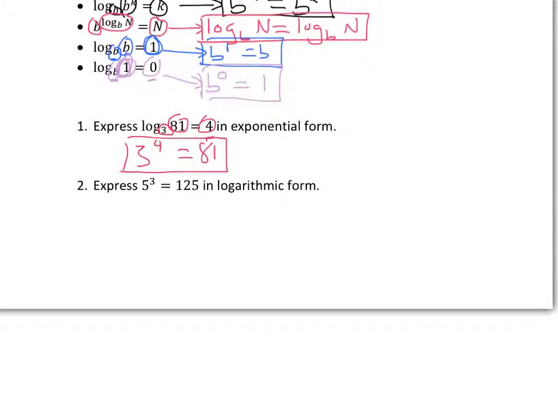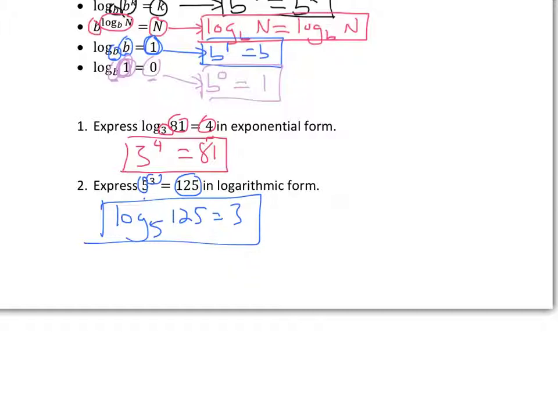We know that's actually true. Now we're going to convert the exponential to the logarithmic. So log of the base of the exponential, of the answer, equals the exponent. We'll do more practice on those conversions with the problems.